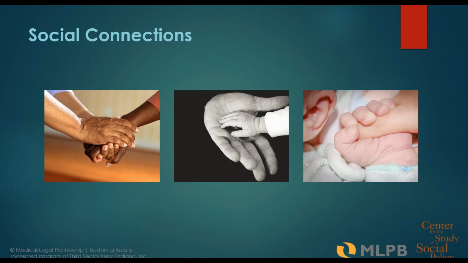We think about social connections on a variety of levels as well. So there are all sorts of different forms of social support, emotional support, instrumental support, the ability to gain concrete support in times of need.